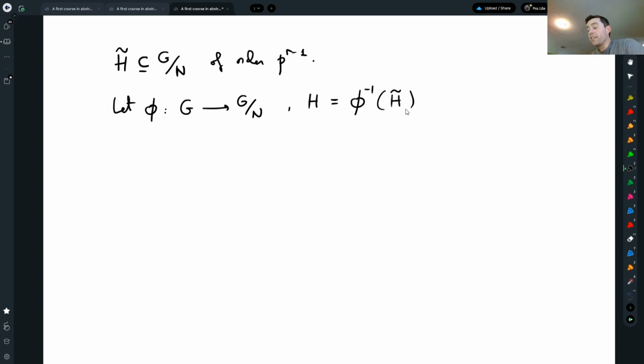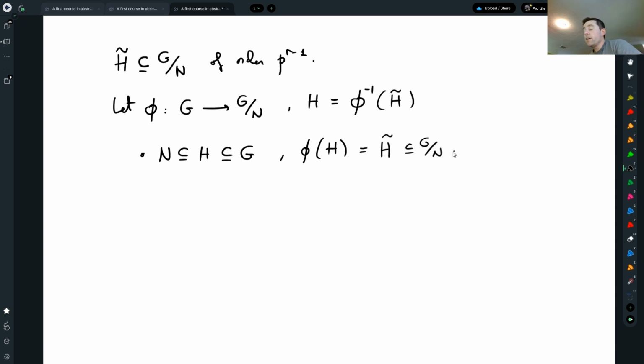Then that is a subgroup, by the correspondence theorem. This is a subgroup that contains N, and it's the largest subgroup, in fact, that when I map it through phi, I get my H tilde in G mod N. And I claim that H is in fact a subgroup of order p to the r, as I wanted.